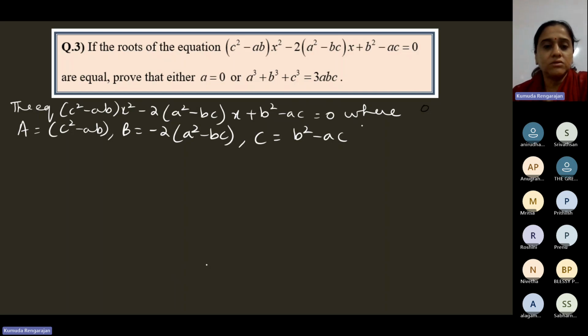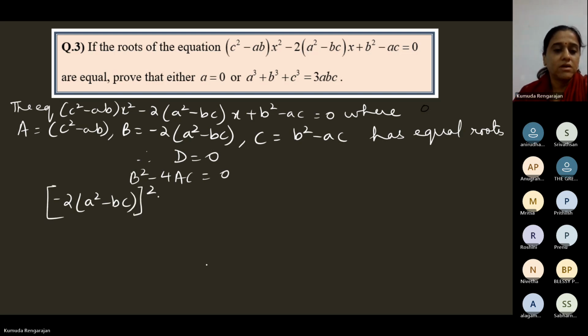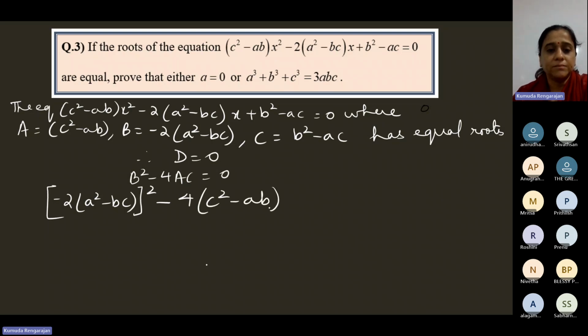So this equation has equal roots. Therefore, D is equal to 0, or b squared minus 4ac is equal to 0. This is b, so b squared, minus 4 into a, this is a, and this is c, is equal to 0.